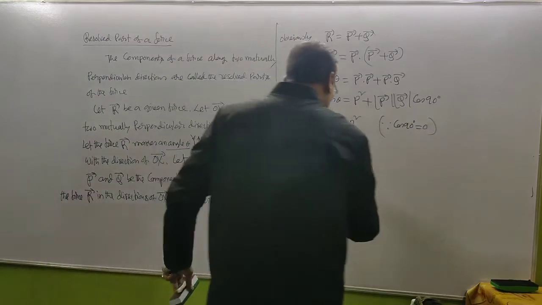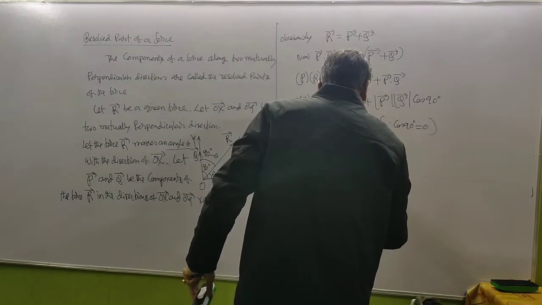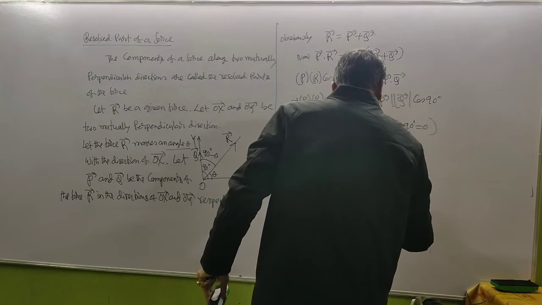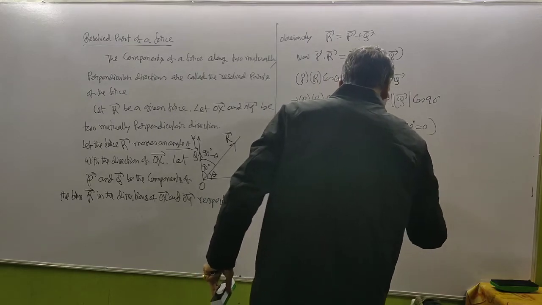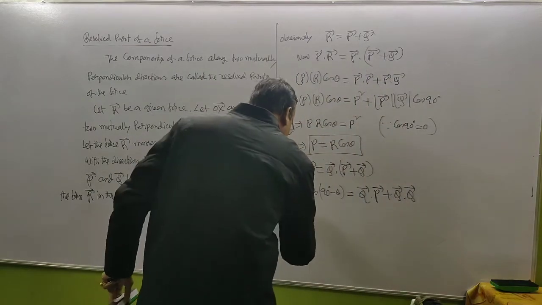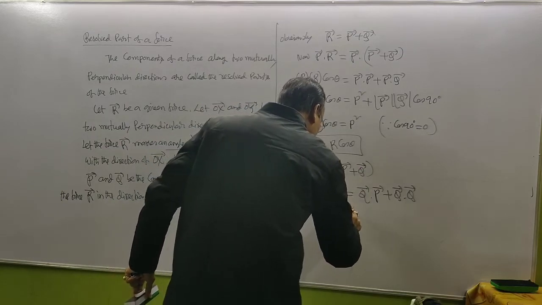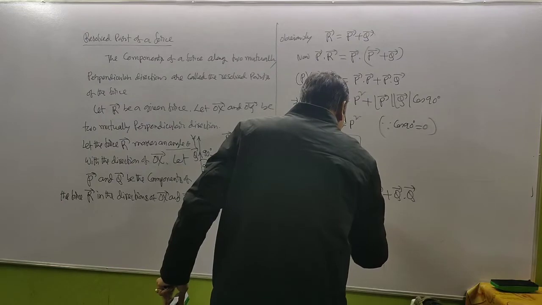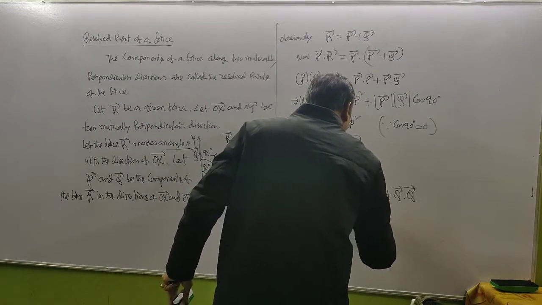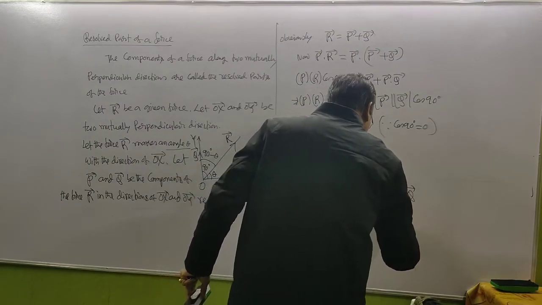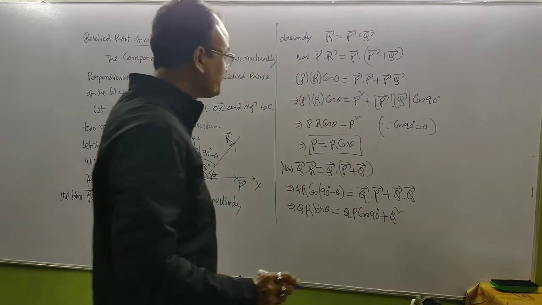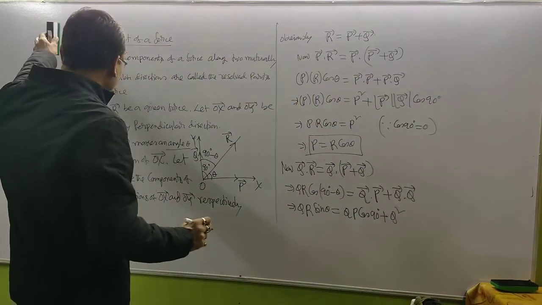Q dot P plus Q dot Q. This means QR sin theta equal to QP cos 90 degree plus Q square.